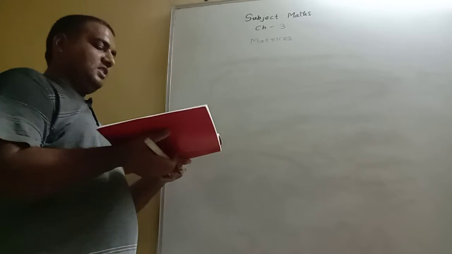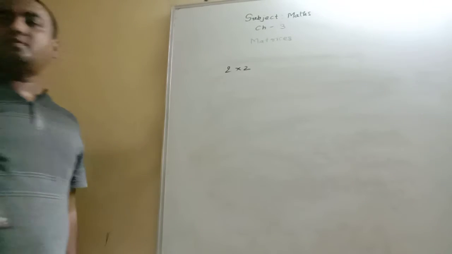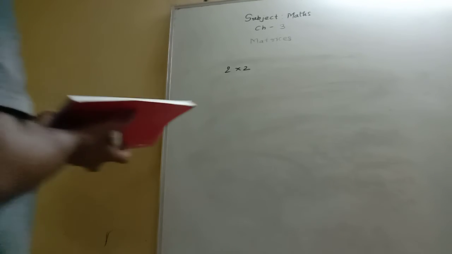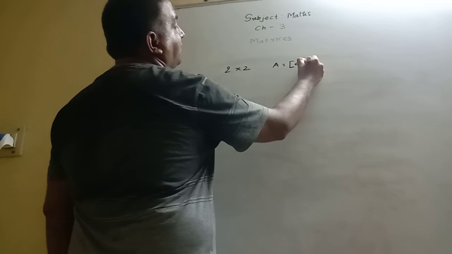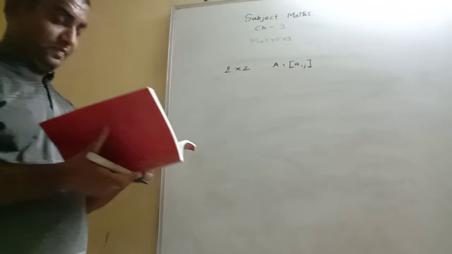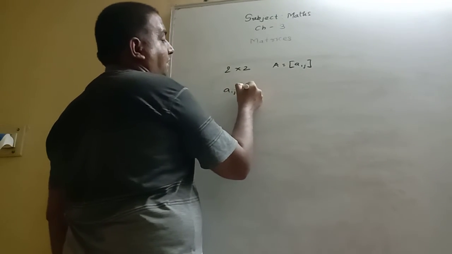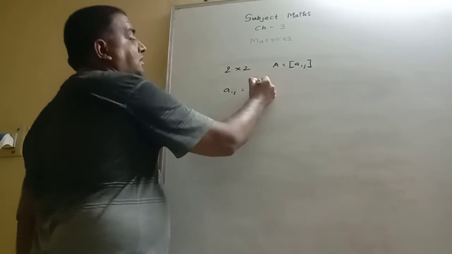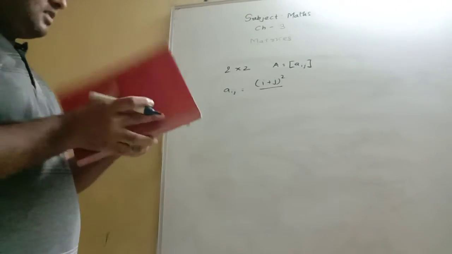Now question 4 is to construct a 2 cross 2 matrix A equals Aij whose elements Aij are given by (i plus j) whole square divided by 2.